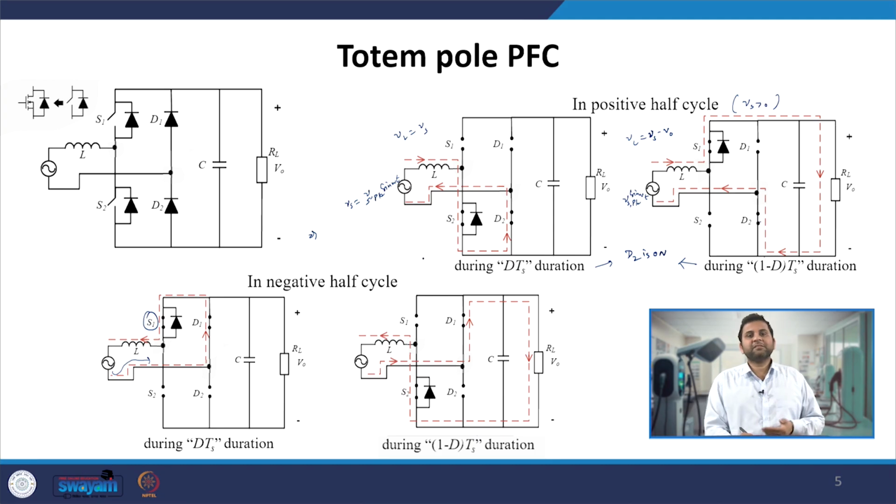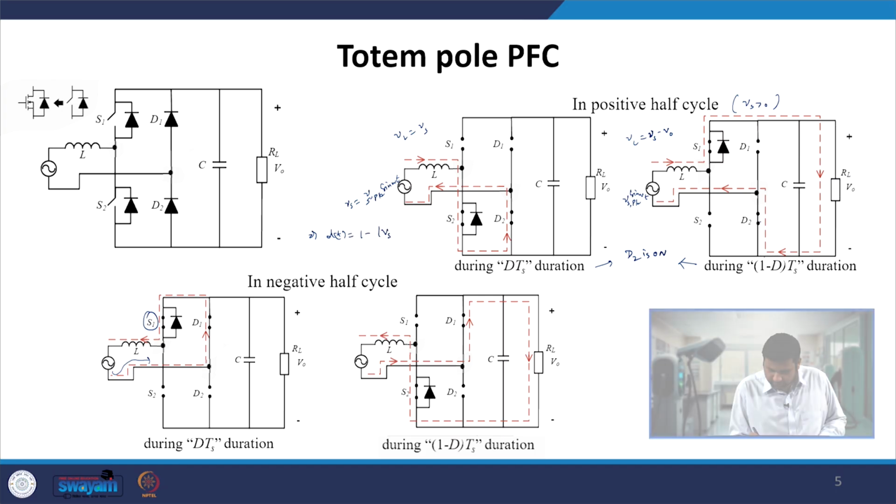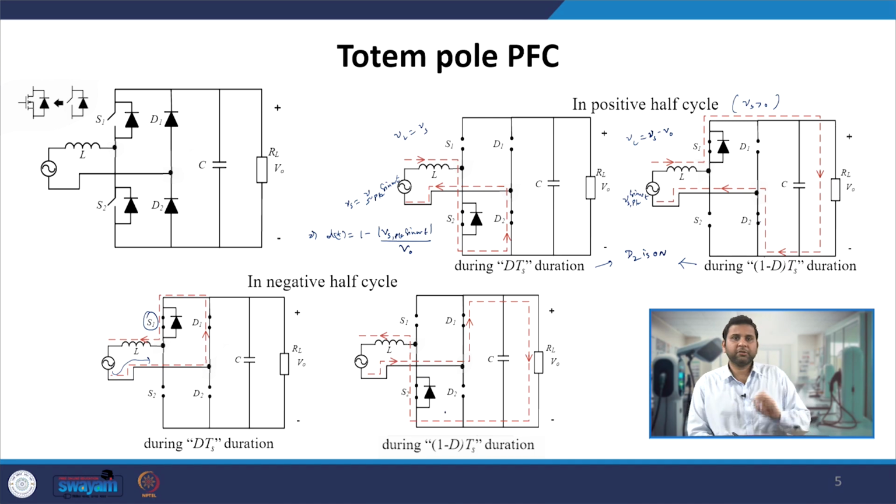It is the same case as that of the boost PFC case. What we get is d of t varying as 1 minus modulus Vs peak sin omega t by V0. It is the same duty ratio we get.